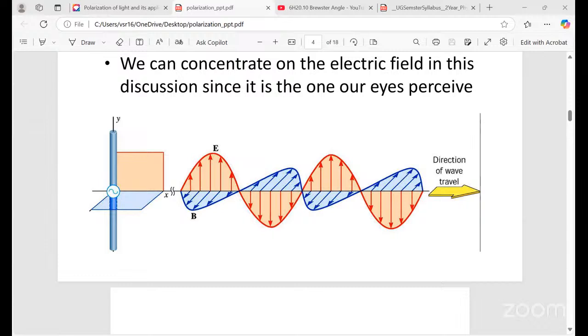Okay. So this is the AC signal. AC means alternating. So here you can see X, Y, and Z. This is the Z direction. Okay. This is the Y, and this is the X direction. Getting my point? Okay.